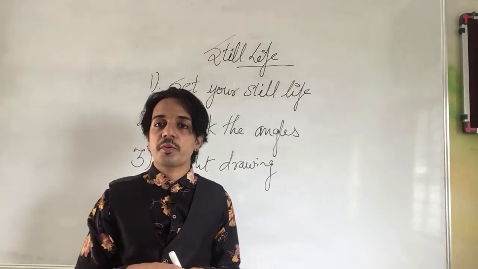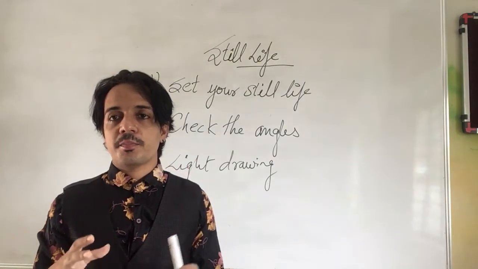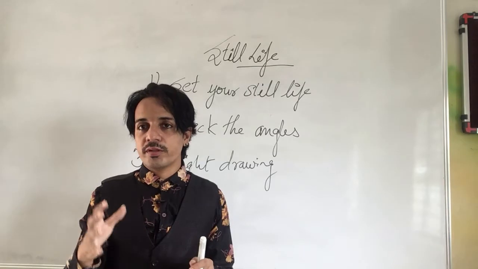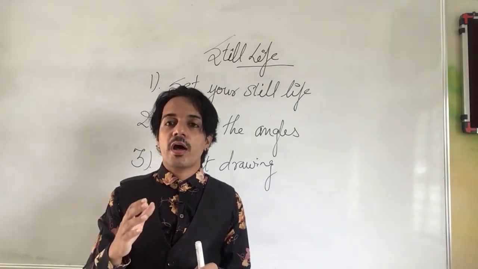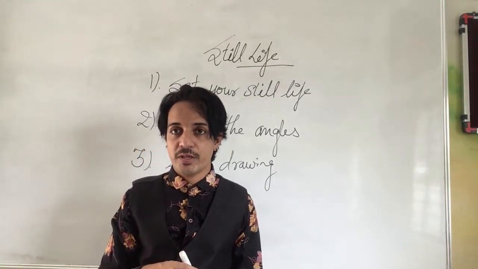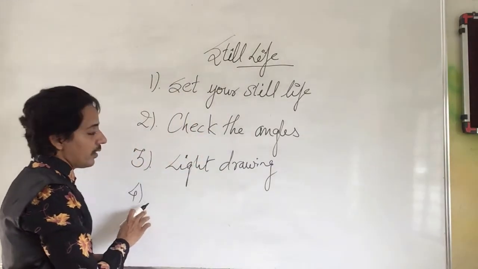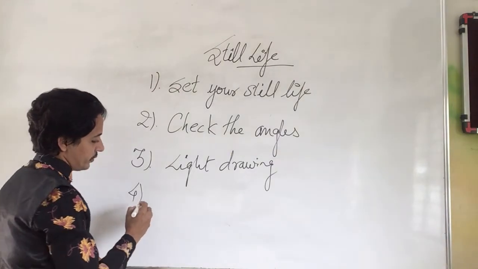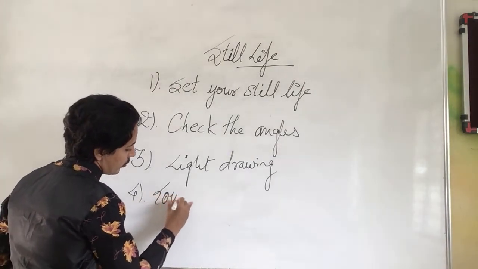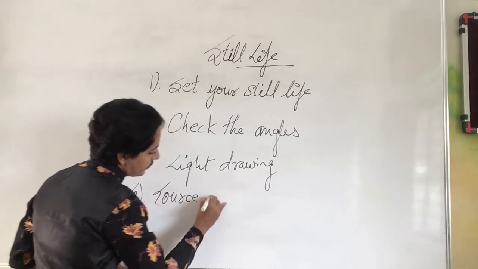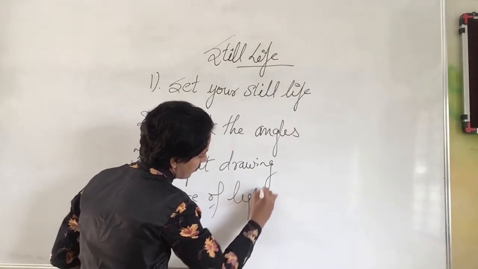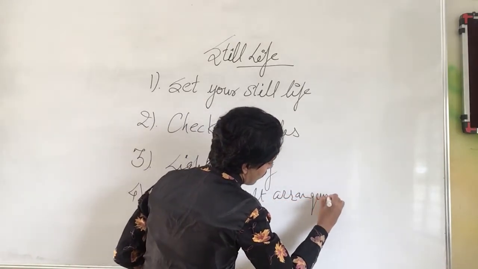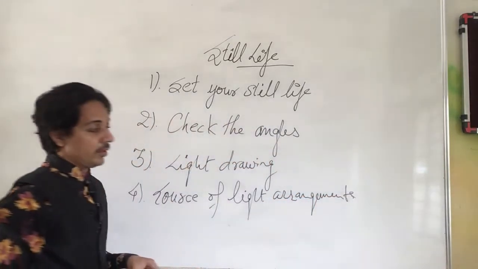Or if you have a proper source of light, you can arrange them to check how it looks from the different angles or how you can create it better. So make it available for different light and sources.